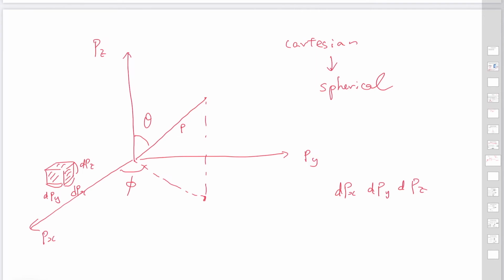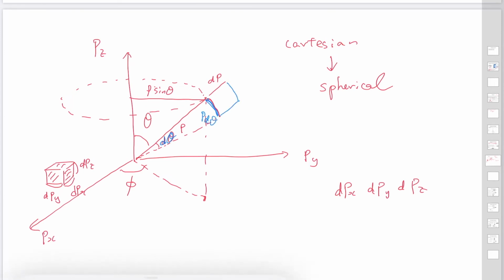But in the case of the spherical coordinate, you have to create a different kind of small box. This is dp. Then you can consider a circle whose radius becomes p sine theta. For a change of d theta, this length becomes p times d theta.